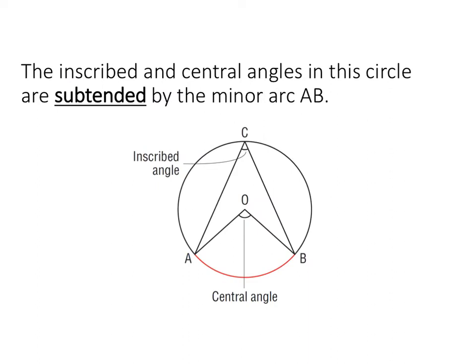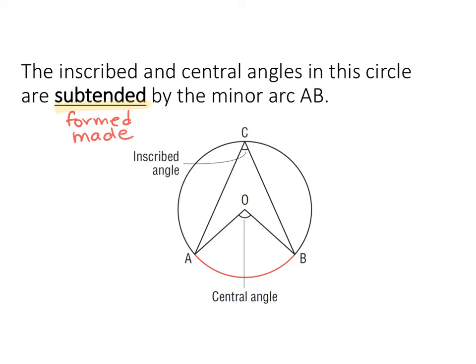One other vocabulary word that we need to make sure that we understand is the word subtended. So you might see in a question, I say that the inscribed angle is subtended by arc AB. Subtended sounds really weird, but all it really means is formed or made.